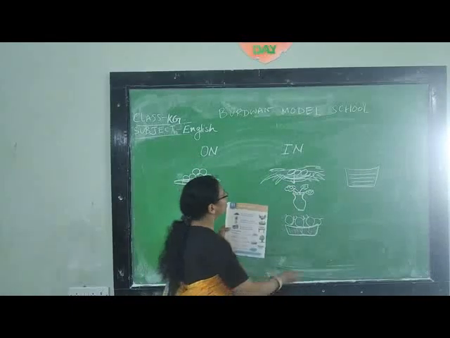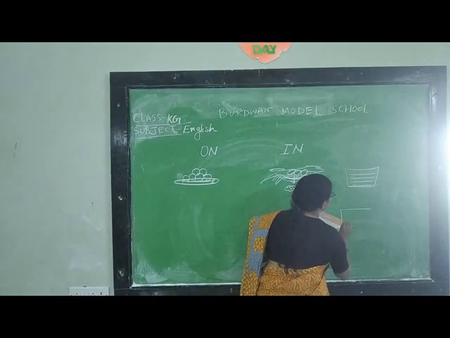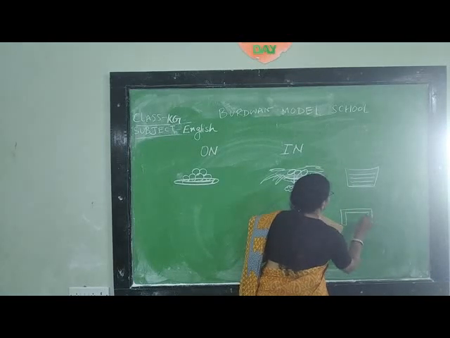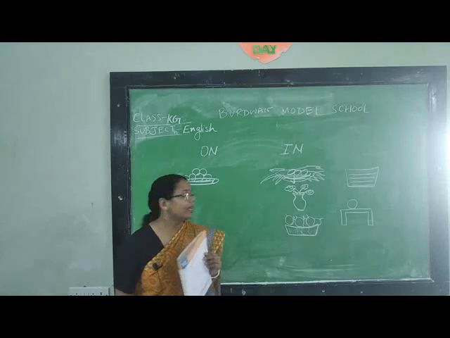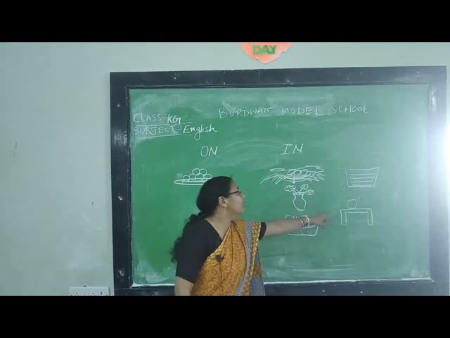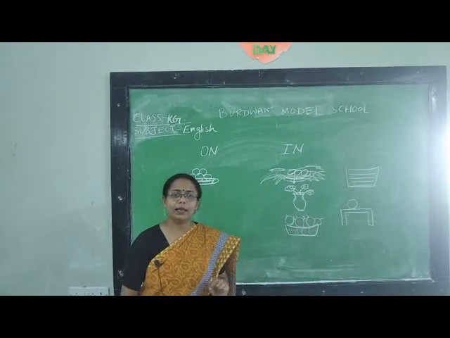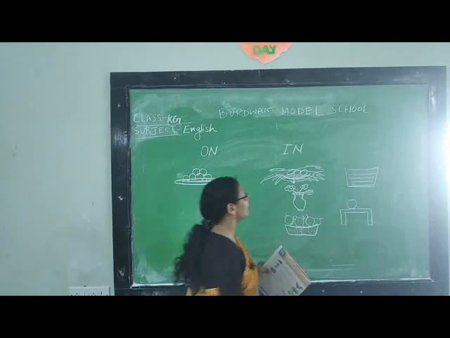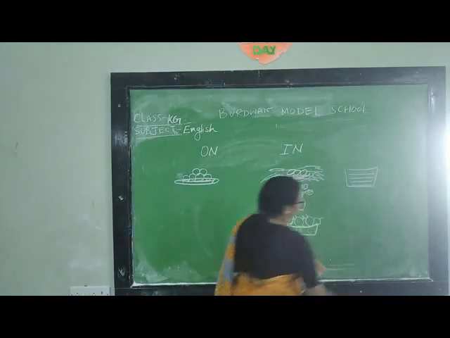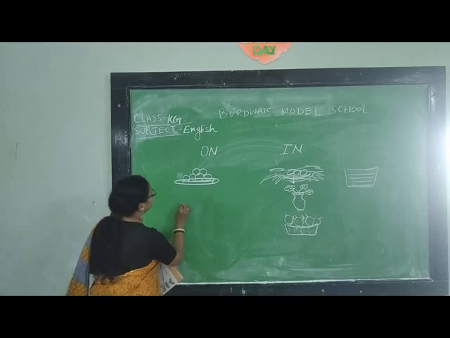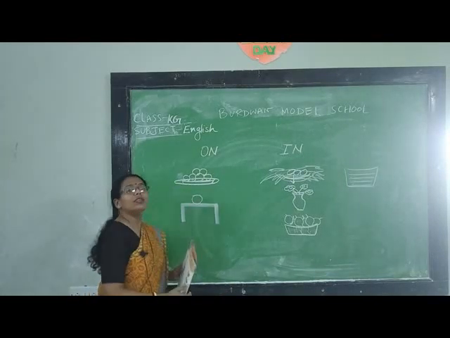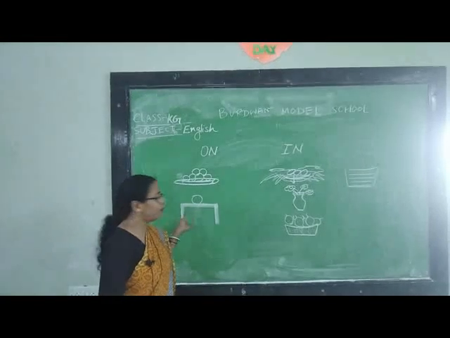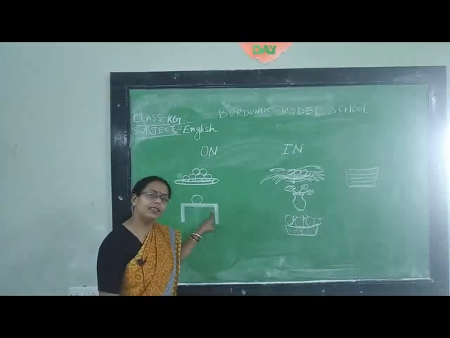And if I had told you that here is a table and here is a ball, then you would have said, ma'am, the ball is on the table. Here is the table and here is the ball. So the ball is on the table. It's a plain surface, right?